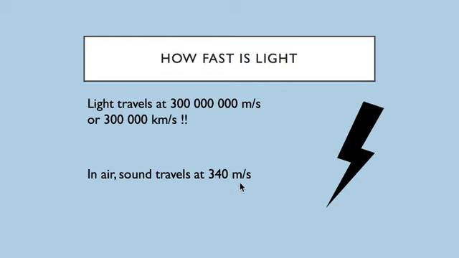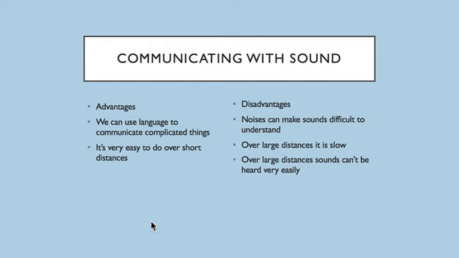In air, sound travels at 340 meters per second. So it travels a lot slower. So when the lightning happens, we see it almost instantaneously because it travels so fast, but it takes time for the sound of the thunder, which is basically the ripping of the air because of the lightning. And so it takes time for that sound to reach our ears.